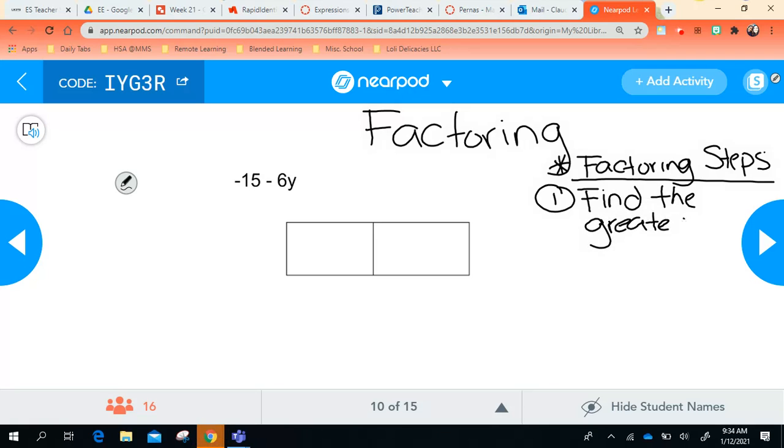And notice how I'm not writing down just GCF. I want to make sure that you know what I'm talking about: the greatest common factor. That is the first thing we are going to do.